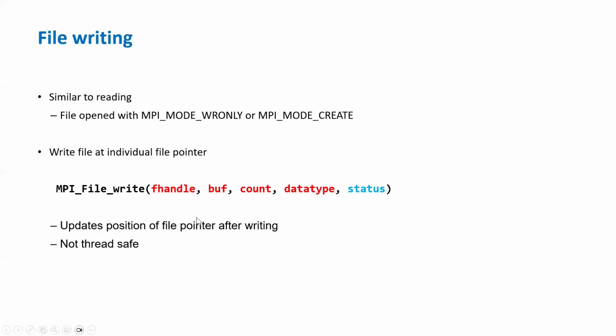So it's similar to the read. Write takes the file handle and the buffer. The count is the size of the buffer, the number of elements to write, and the data type is either integer or character or something like that. And then there is a status. It will update itself the position of the file pointer each time after the write.